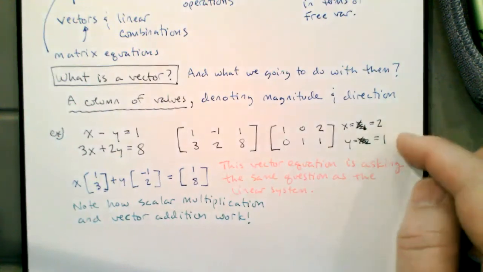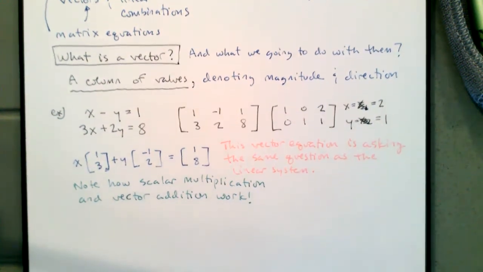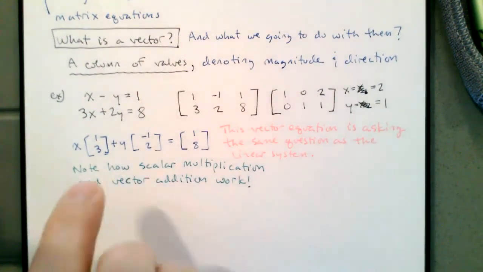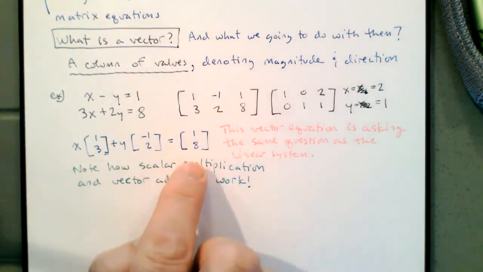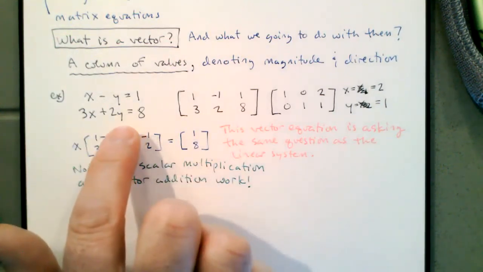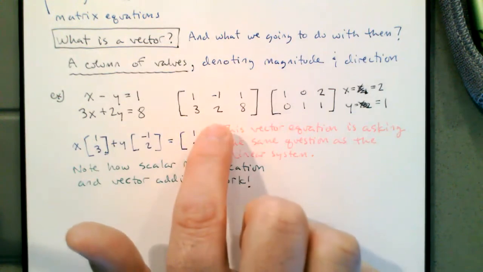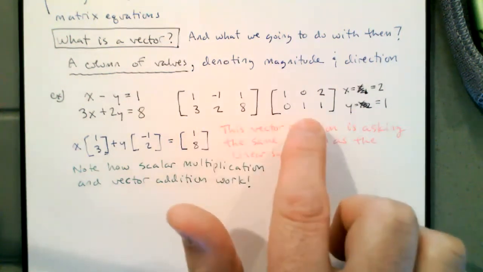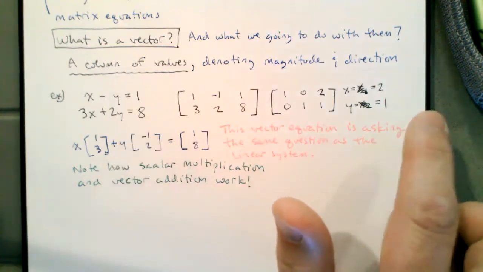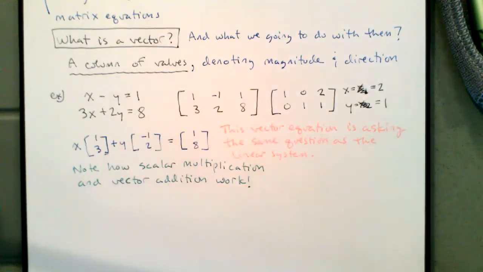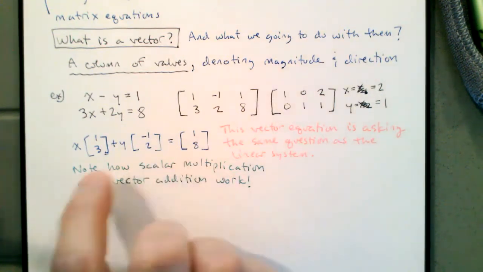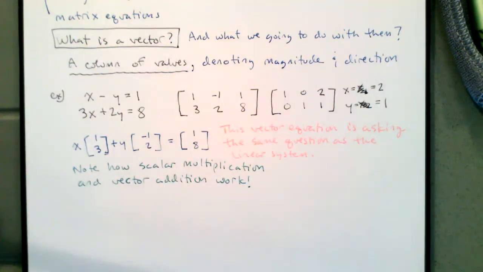Let's check to see that 2, 1 satisfies this equation. If this vector equation is equivalent to this linear system, which corresponds to this augmented matrix, which is row equivalent to this reduced row echelon form, then this linear system has this general solution, which is just one vector. Kind of weird calling it the general solution, but there it is. This vector equation should have the same solution.